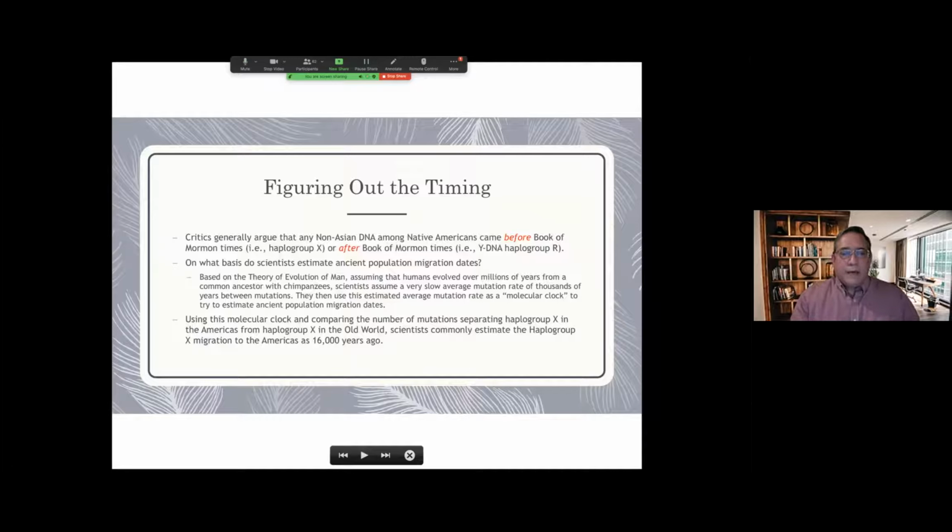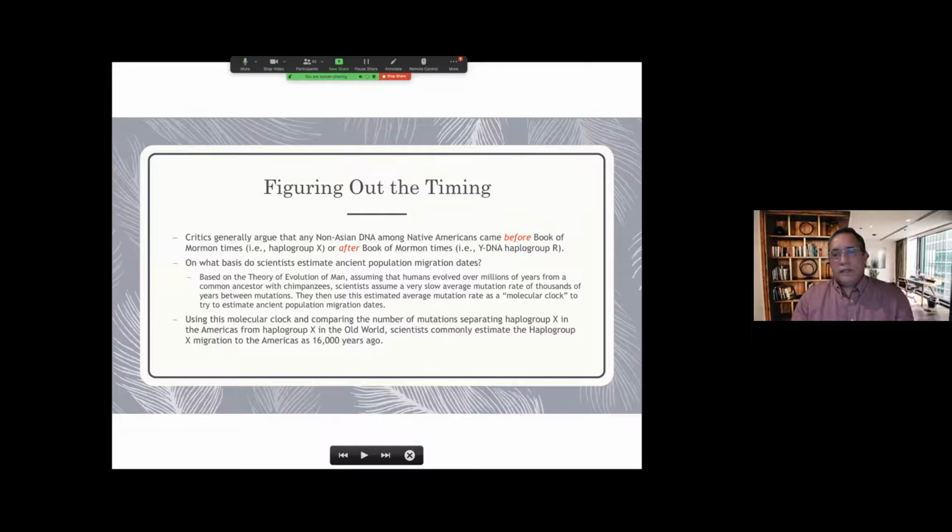The way they come up with those dates is through evolutionary theories. As I indicate there, it's based on the idea that humans evolved over millions of years from a common ancestor with chimpanzees. So what they do is say, okay, we will assume that it's true that humans evolved from a common ancestor with chimpanzees.